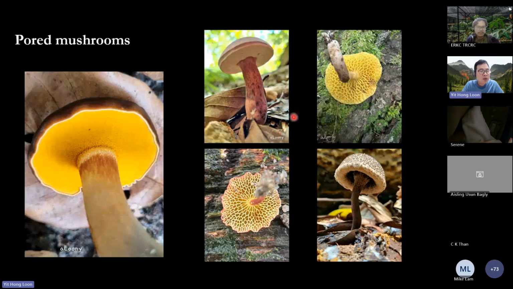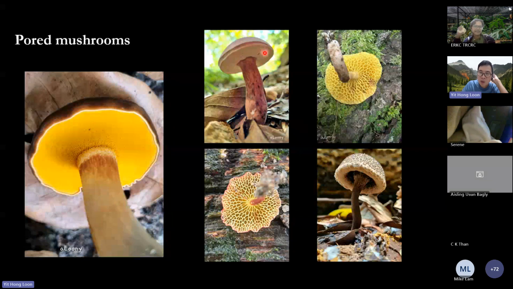Next is a pore mushroom. Compared to the gill mushroom just now, underneath the cap there's no gill, but you can see tiny little pores. The pores could be fine pores, porous, big pores, or the pores are in honeycomb shape. This is a white color pore.